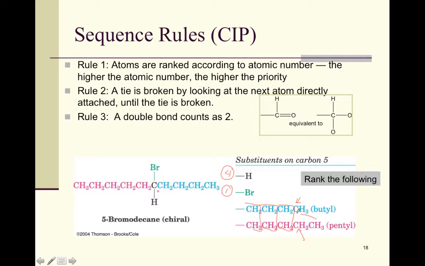So this one's going to be our winner, and so this is going to be ranked, not number 1, Br already has number 1. This will be number 2, and this will be number 3. So taking a look at our bromo, let's put number 1 here, number 2 here, number 3 here, and number 4 here.